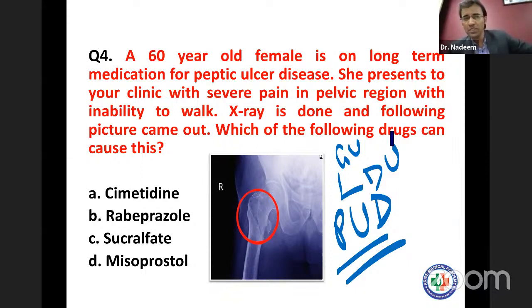She presents to your clinic with severe pain in the pelvic region with inability to walk. An X-ray is done and the following picture came out. Which of the following drugs can cause this?